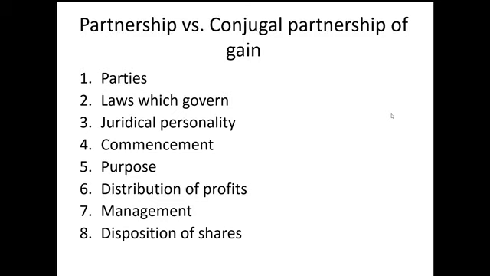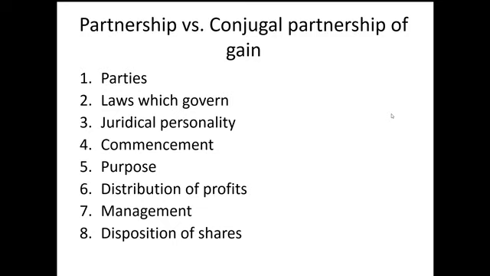Next, as to juridical personality, ang partnership, meron siyang juridical personality separate and distinct from the partners composing it. Sa conjugal partnership of gain, wala siyang separate juridical personality. Commencement. Ang partnership, magko-commence yan from the time of execution ng contract of partnership unless the partners agree to commence the partnership at some other time.